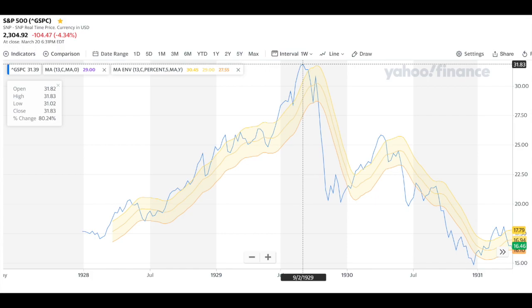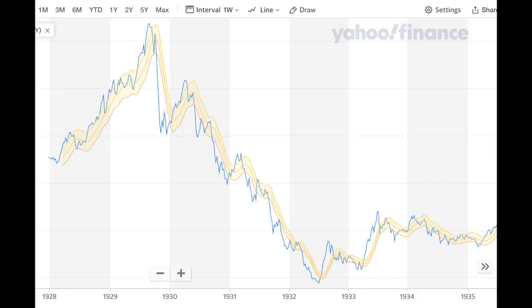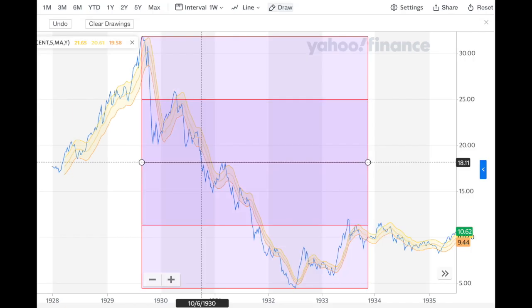So this was the first major crash, right? And you can see this is the interval per week, but at least it gives us some visibility. So if you look at the data here from essentially 1930 to halfway through 1932, it took about 2.5 years to hit the bottom, right?